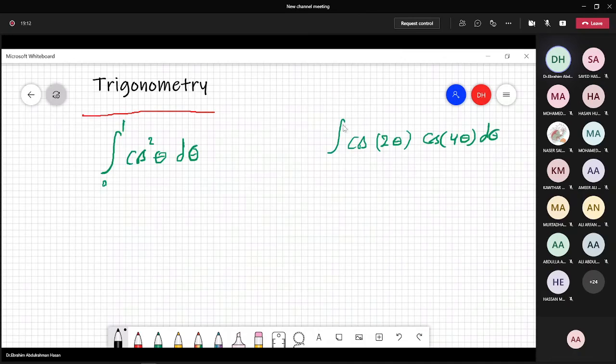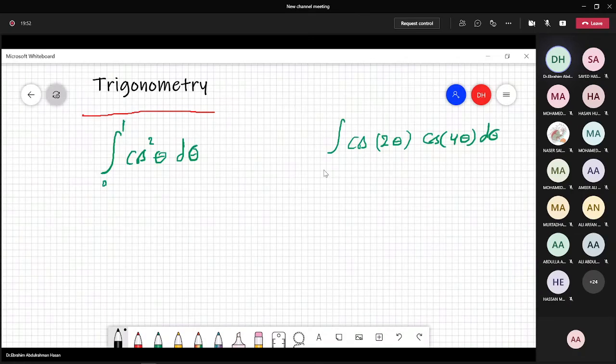Another question: what is the difference between this integration and this one? The one on the left has limits and the one on the right has no limits. What do we call them and what do we get? The one with limits gives a number at the end. This one gives a function, not a number. This is the definite integral, equivalent to the area under the curve, giving a numerical number.